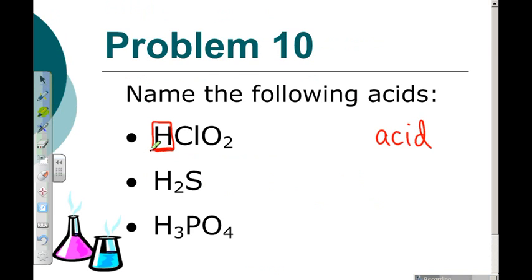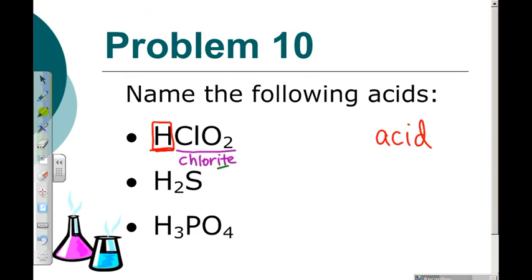In this case, the rest of the molecule was ClO2. I need to know the name of this ion. Because this is a polyatomic ion, I would find its name on the back of the periodic table. Its name is chlorite. I'm going to write that really small underneath it to help me remember, because I need to know that name in order to figure out what to do with the name of the acid.